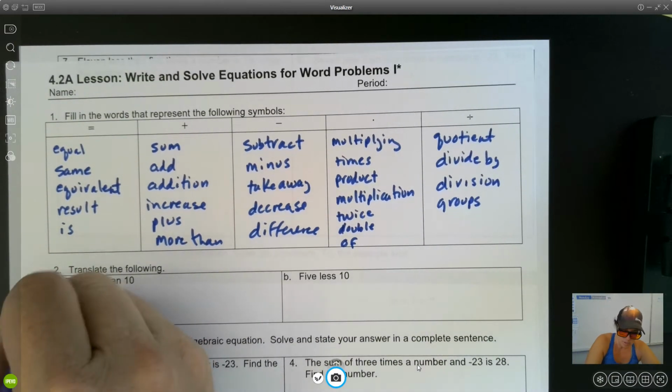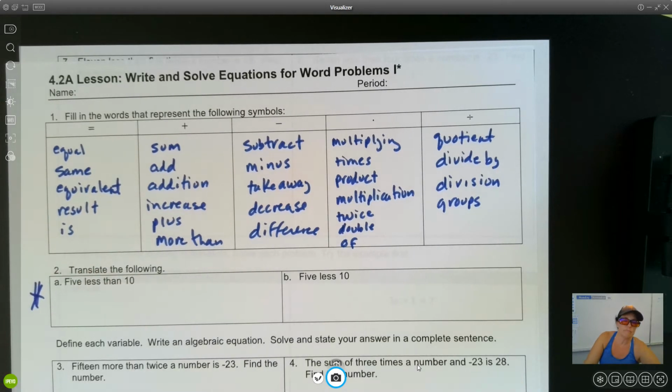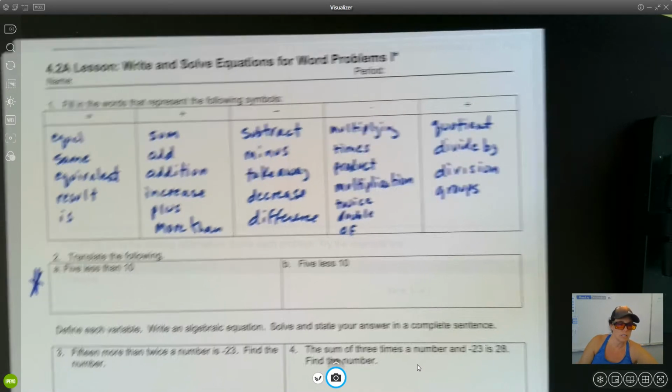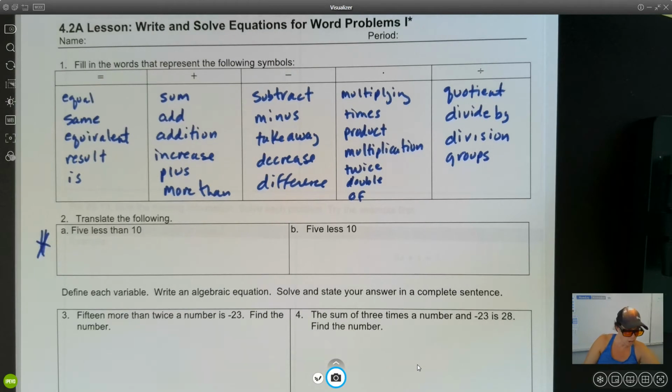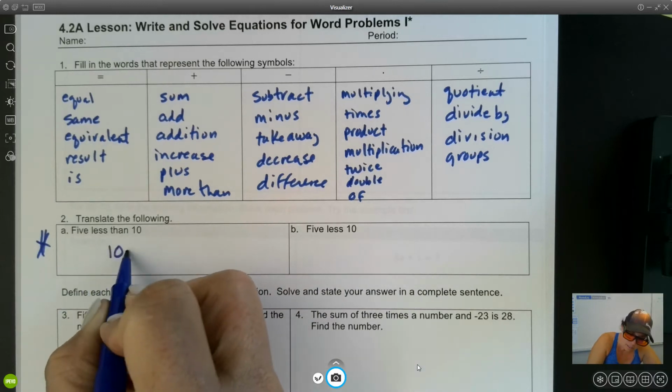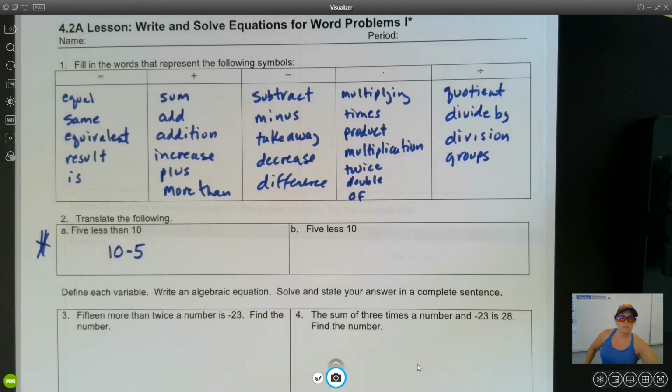This number 2 is very, very important. Translate the following: 5 less than 10. A lot of kids would put 5 minus 10.